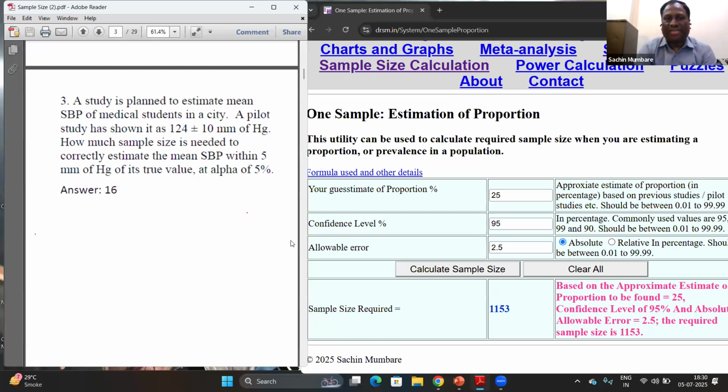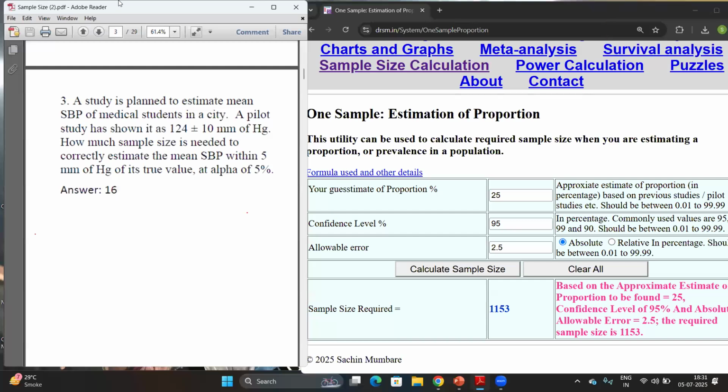Now, alpha of 5% is equivalent to confidence interval of how much? 95%. That's correct. Because 95% of the times your estimate will be within this, and alpha 5% means 5% of the times it will be outside of this. So this is just opposite of confidence interval.